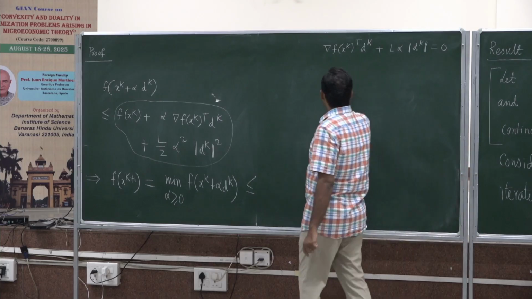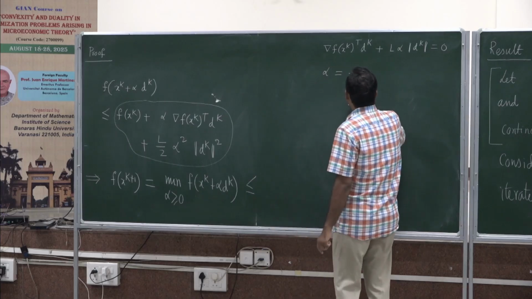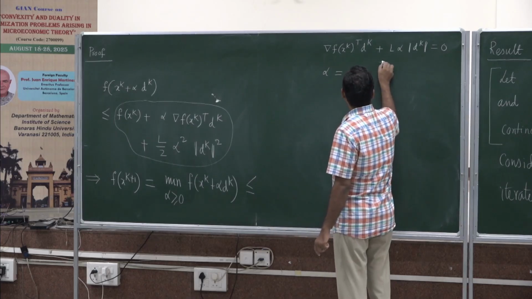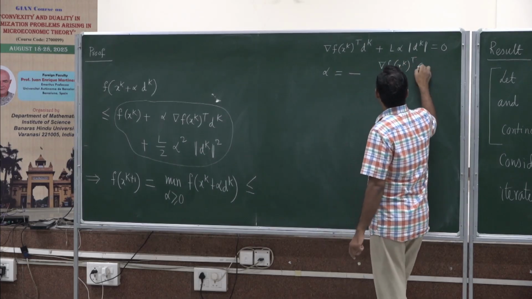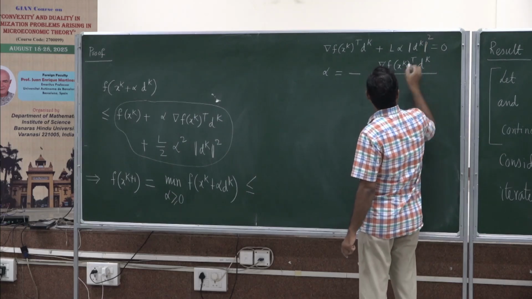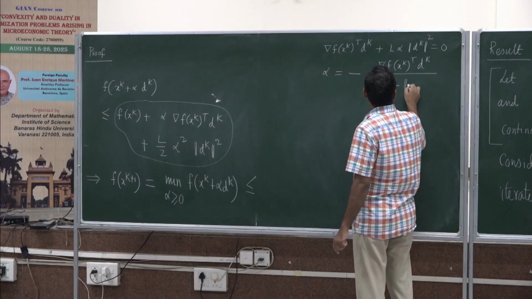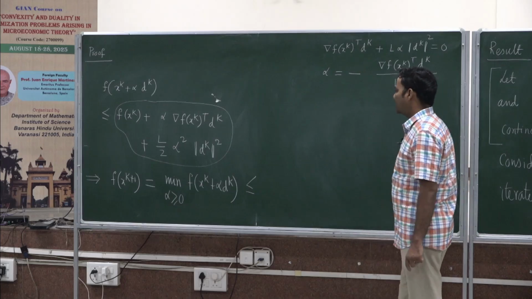Fine. And then the minimum would occur at alpha equal to negative gradient f(x_k) transpose d_k divided by L norm d_k squared. This is a quadratic function.